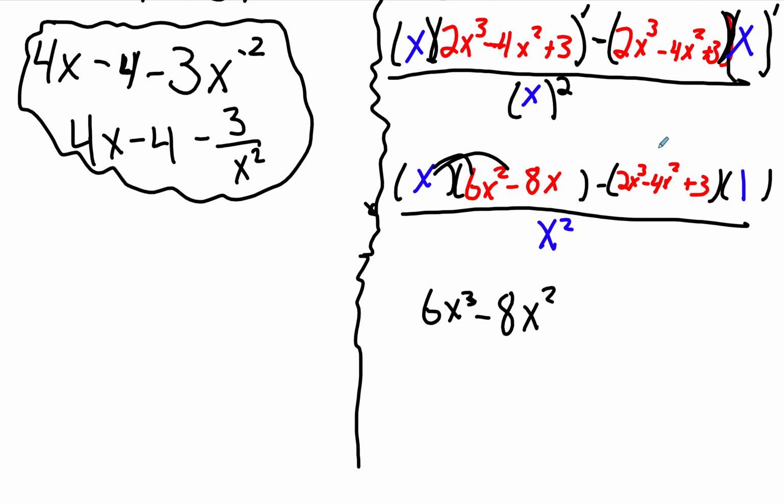Very good job. So this stays the same because you're multiplying by 1, but now it becomes minus 2x cubed. Now look, you're minusing negative 4x squared. So it becomes plus 4x squared. Then you're minusing positive 3.